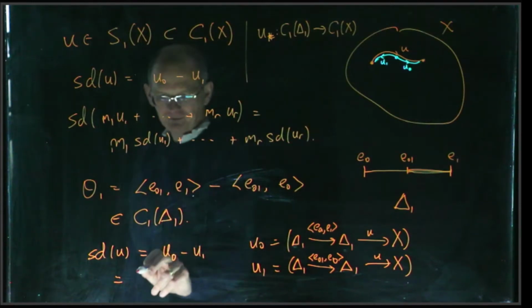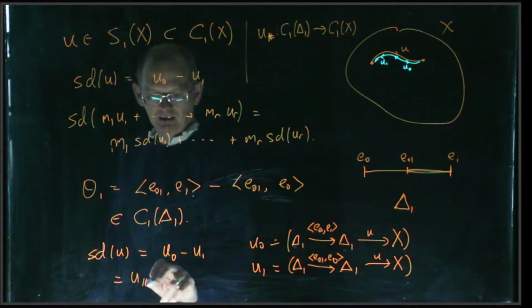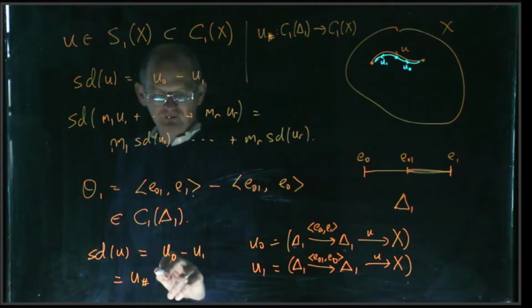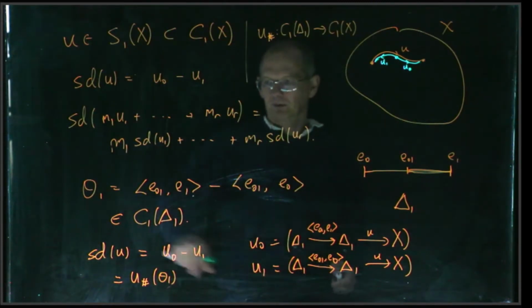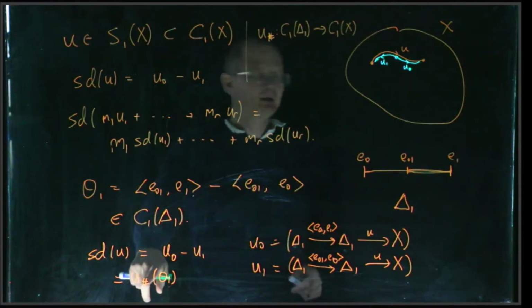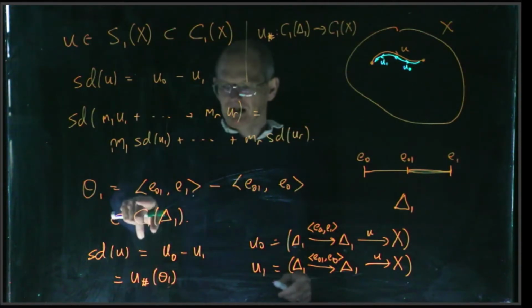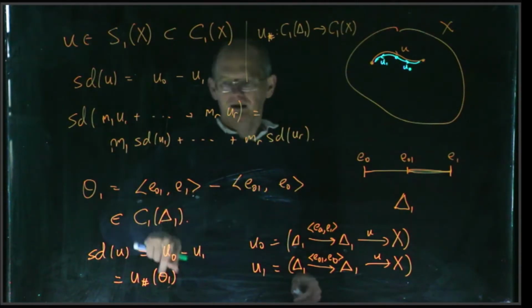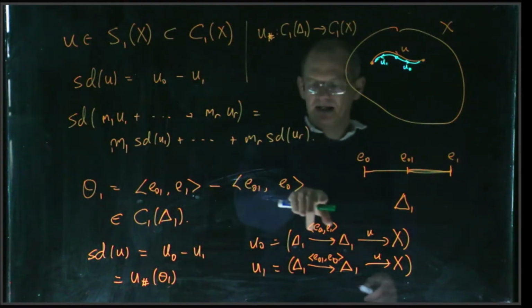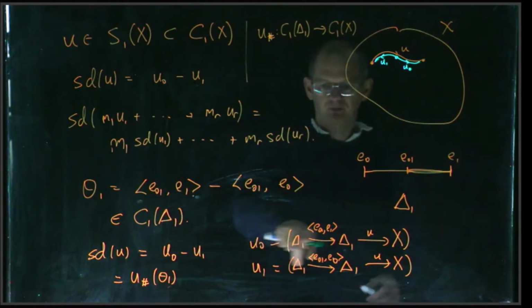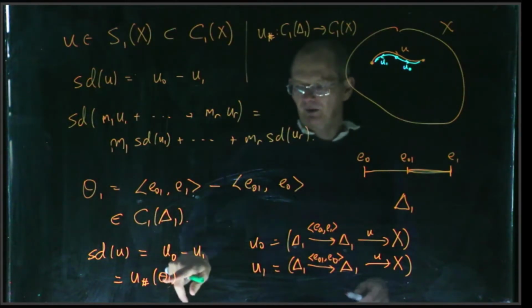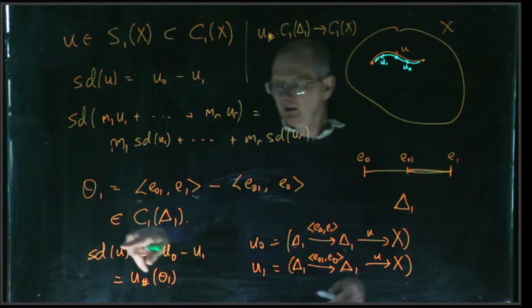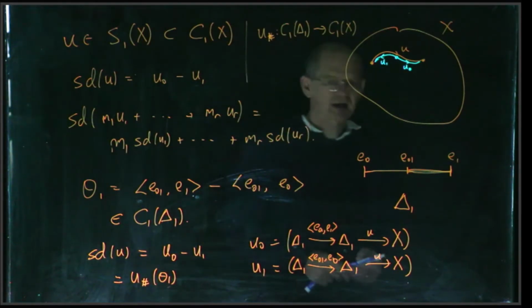So we can think of this as U lower hash of theta 1. To compute U lower hash of theta 1, we take U composed with the first thing, minus U composed with the second thing. U composed with the first thing is just this U0, and U composed with the second thing is this U1. So the subdivision of U is U hash of theta 1.